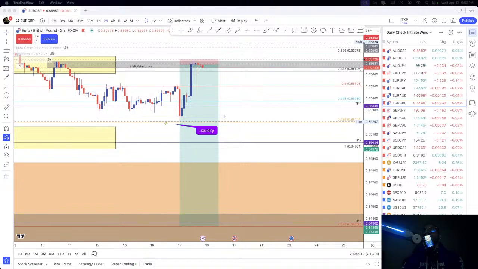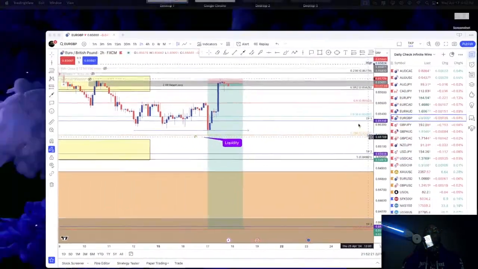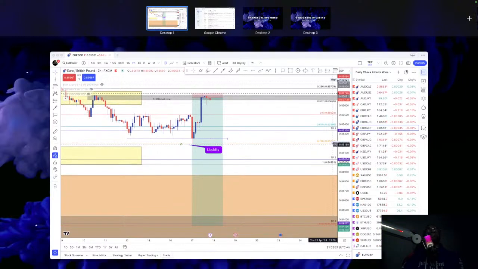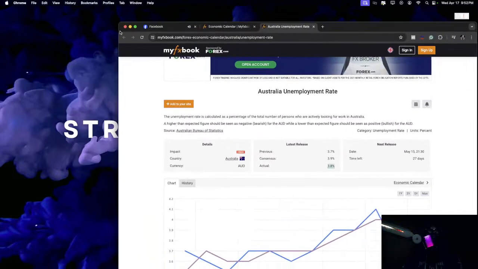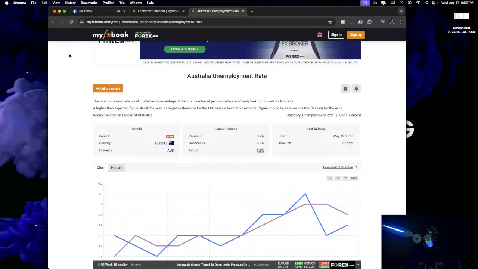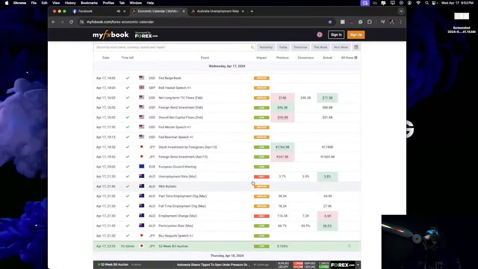With the news on AUD, the results were better than expected. When you guys are taking a look at the news and you're trying to figure out how to break this down, this is what we were just looking at: high volatility news on unemployment rates.